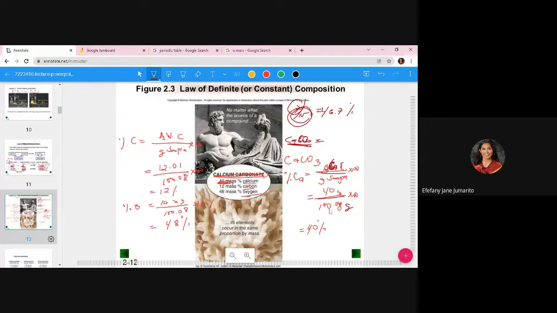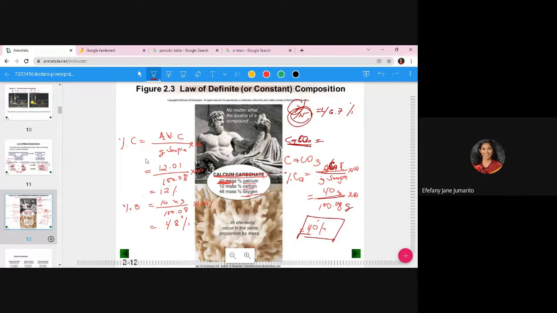So 40 grams divided by 100.08 grams times 100 will be 40%. So 40% of the calcium carbonate is calcium.